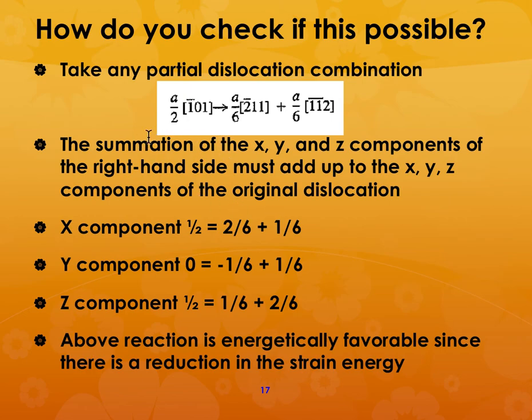For that you need to sum up the xyz components of the right hand side, and it should add up to the xyz components of the original dislocation.